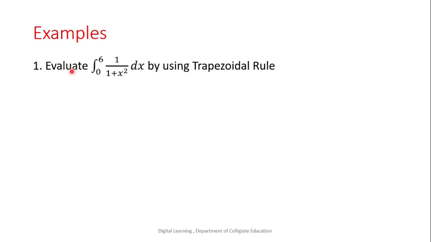Here the first one is to evaluate integral from 0 to 6 of 1 by 1 plus x square dx by using the trapezoidal rule. In some problems n is given. If n is not given, we have to choose it.